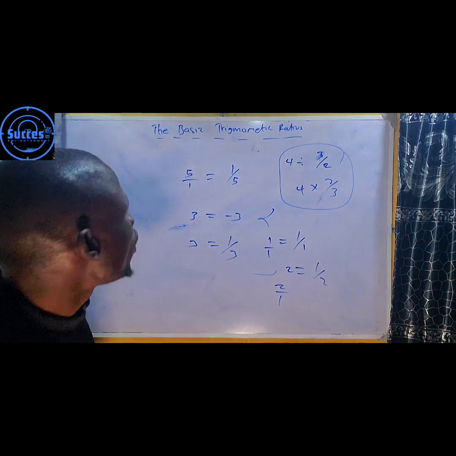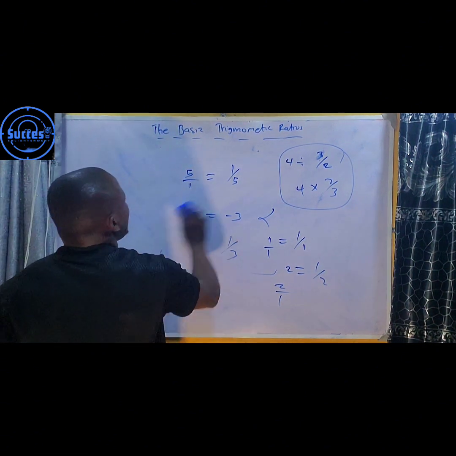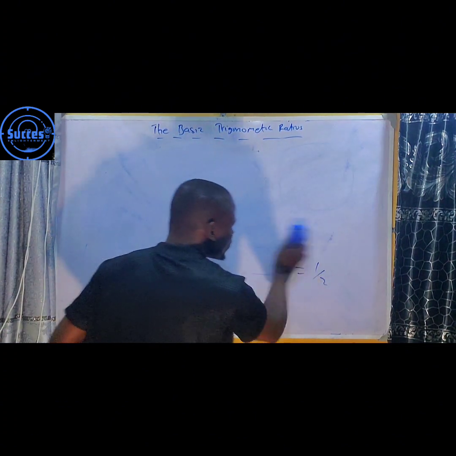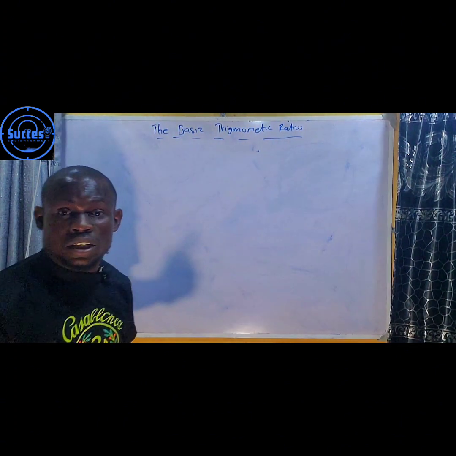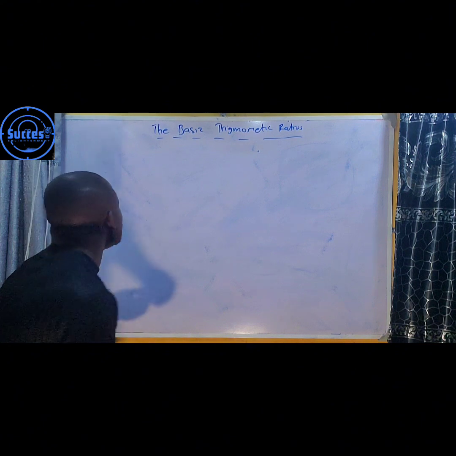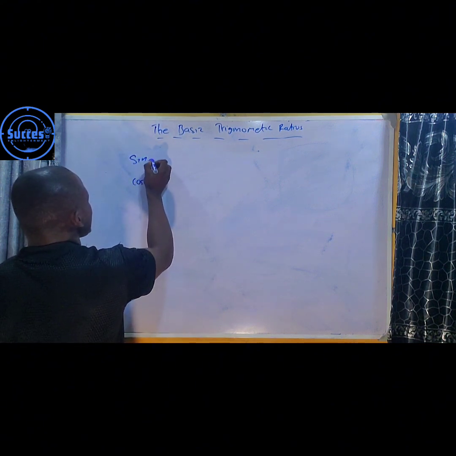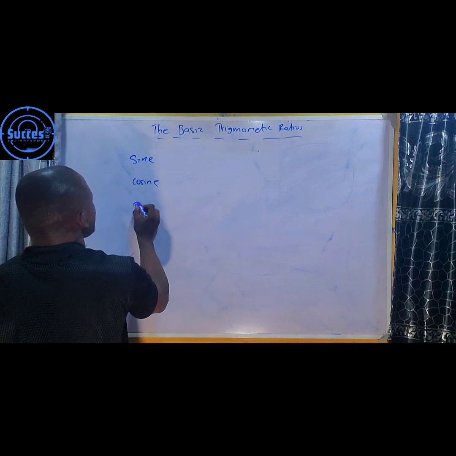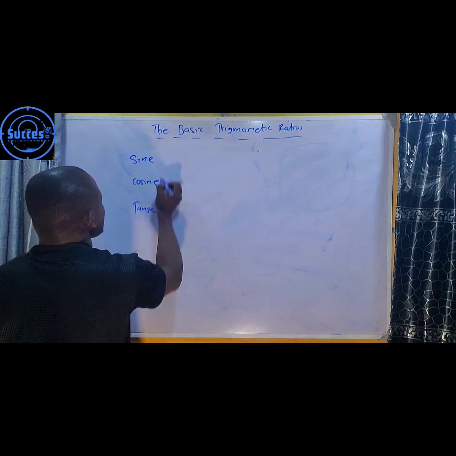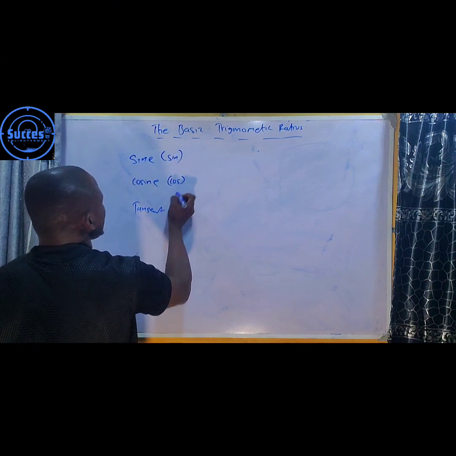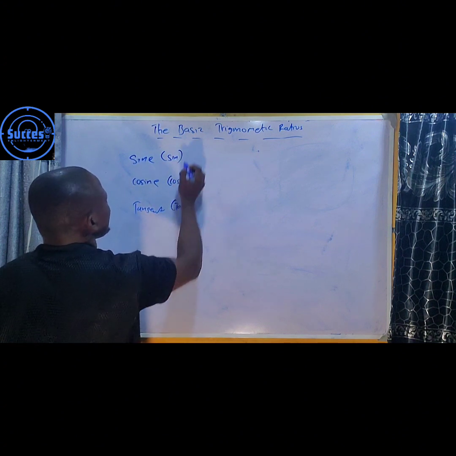In this scenario, we want to find the reciprocal of our basic trigonometry identities. Don't forget, you already know that we have 3 basic trigonometry identities, which are sine, cosine, and tangent, short for sin, cos, and tan.